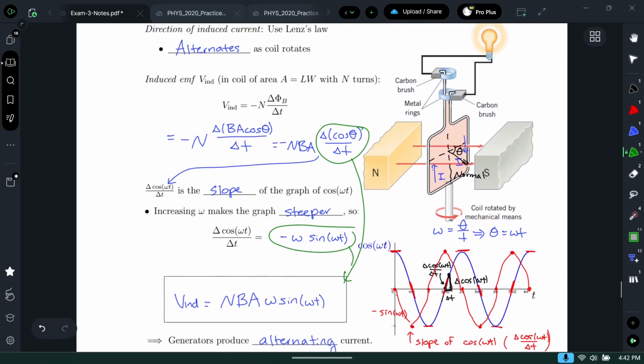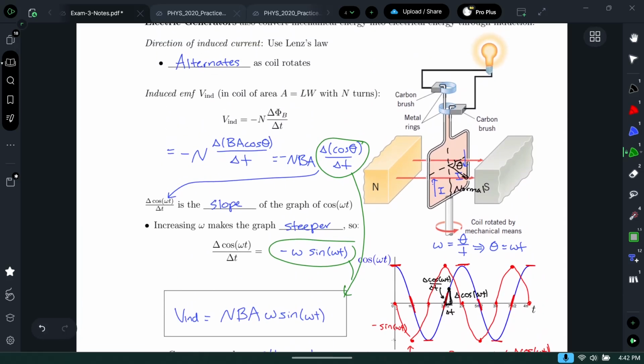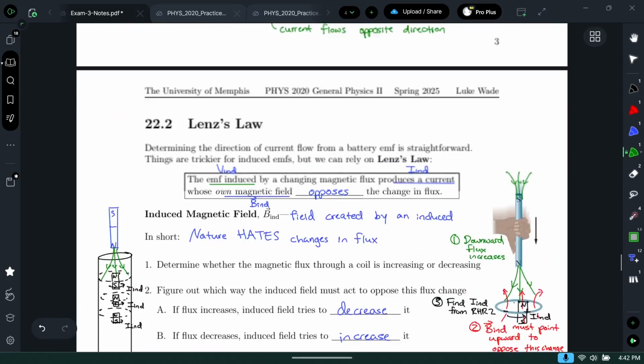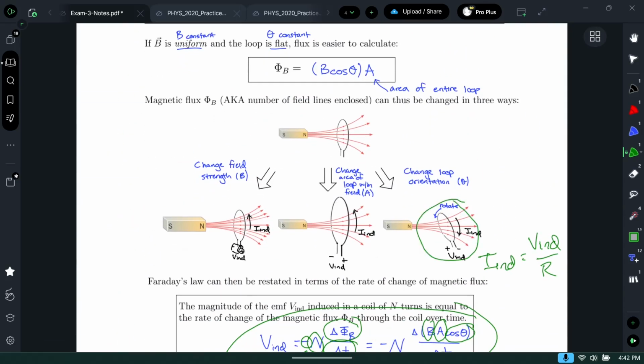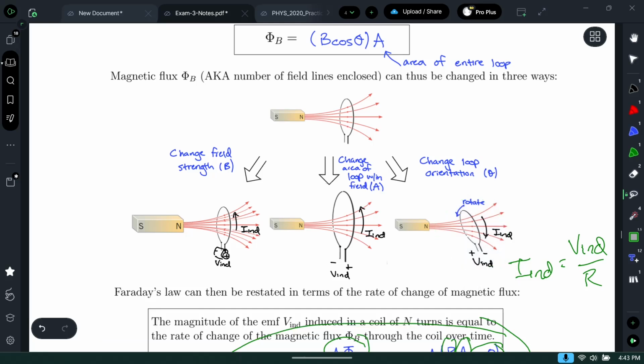For the generator, if I ask which way does current flow in a rotating loop, you already know how to do that from what we looked at up above. Just look at a case like this one. You look at whether the flux is increasing or decreasing. In this case, as we rotate the loop, we're going to lose field lines. We're going to catch less of them when the loop is something like that. And so nature tries to put them back. In this case, the induced magnetic field must point to the right because it's trying to help out the original field.